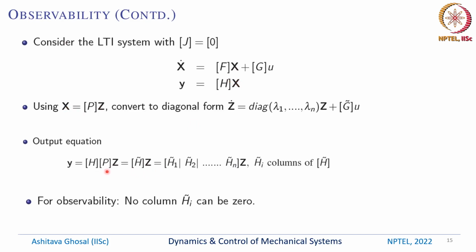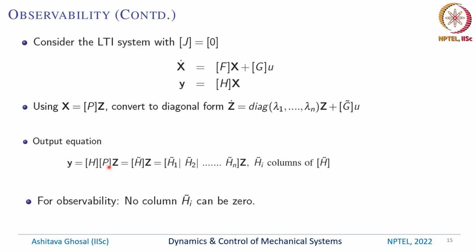So we'll have H into P into z, and let's call this HP as H tilde. And what is H tilde? So z is n by 1, so there are n columns, and let's call them h1 tilde, h2 tilde, all the way till hn tilde, where hi tilde are the columns of this matrix H tilde.